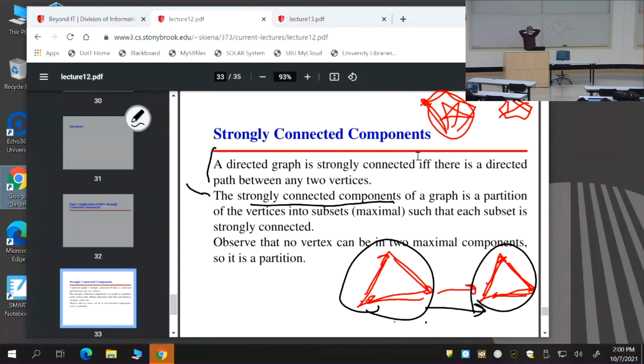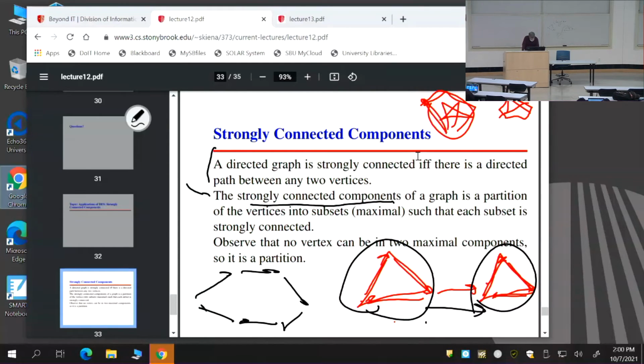Yeah? Finding a cycle. A cycle is a great thing. If I find a directed cycle in a graph, what do I know about the strongly connected component? Every one of those vertices on that cycle is in a strongly connected component. You have a racetrack around it. Does everybody see that?